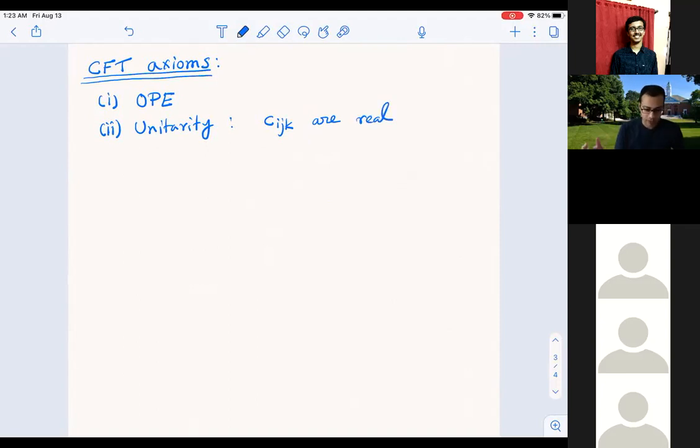And obviously, we have conformal invariance, but that's a given. So these are the only things that I'm going to assume, and these are well-established axioms, so I don't think anybody will disagree.